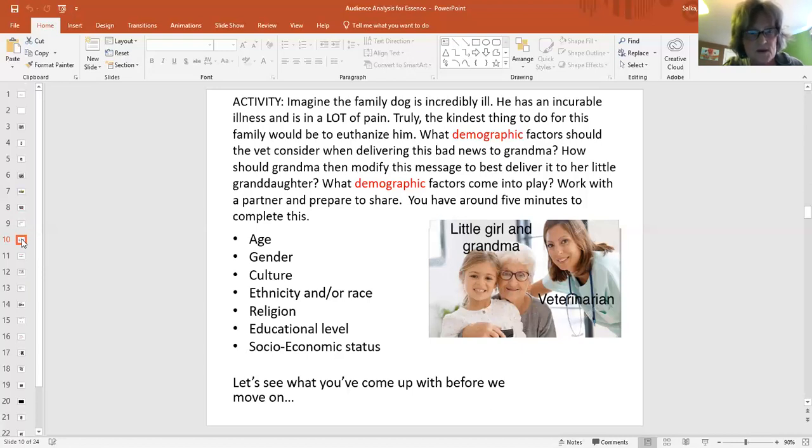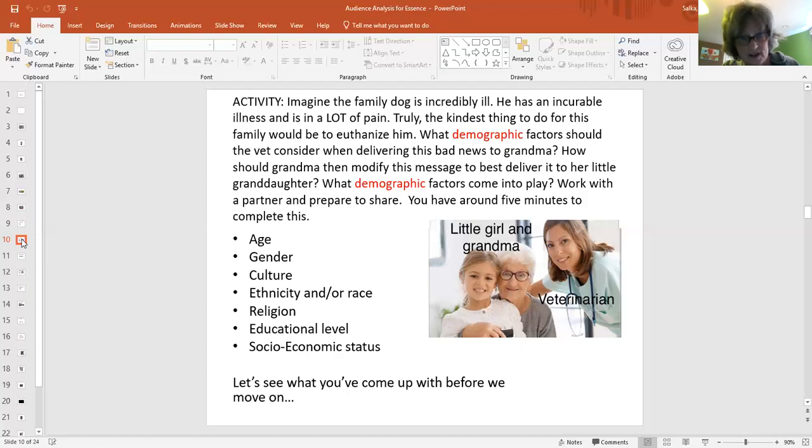All right. So let us see how each one of them would share this bad news. Okay, the veterinarian has the highest educational level. Most of the demographics here have to do with age and educational level. Really, as far as I know, nothing else has to do with this.